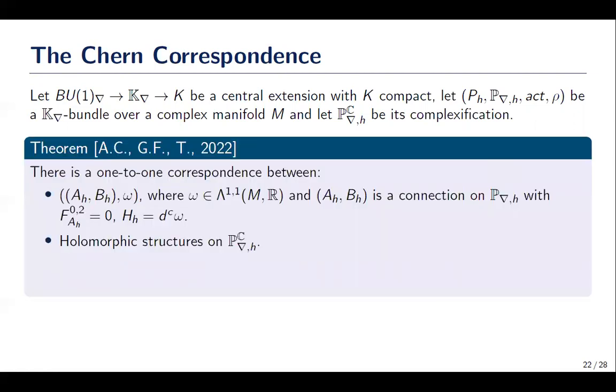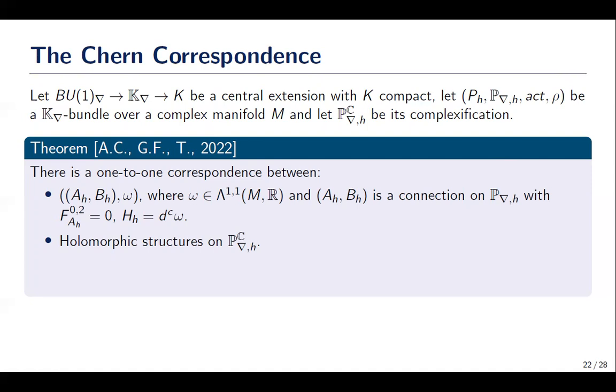The theorem says that there is a one-to-one correspondence between holomorphic structures on this bundle and pairs given by a connection on the, say, unitary bundle, and an omega of type (1,1) with real values, satisfying these two conditions.